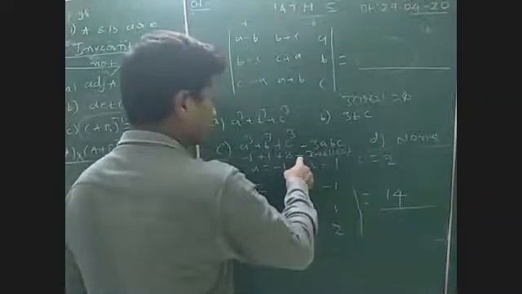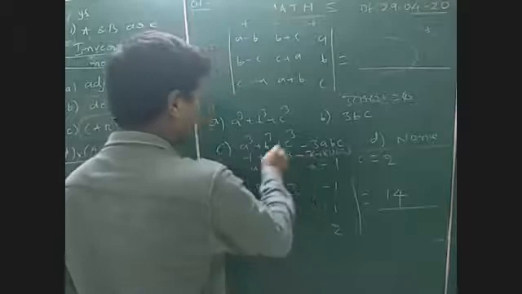Minus into minus is plus, 3 into 2 is 6. So minus 1 plus 1 plus 8 plus 6 is 14. So option 3 is right. Okay, like that you can check.